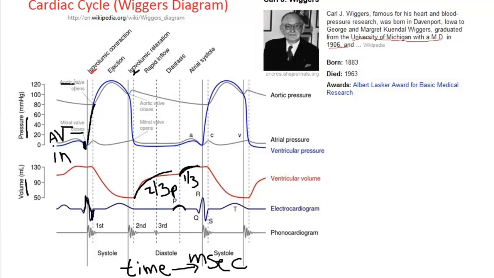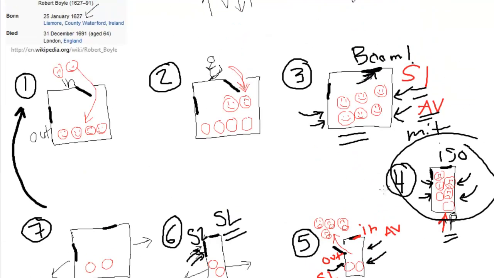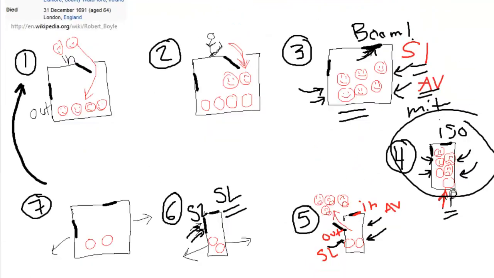Until finally, what happens? Well, the aortic valve opens. Everybody's going to eject out, ventricular ejection, because you can imagine somebody standing here at this door.